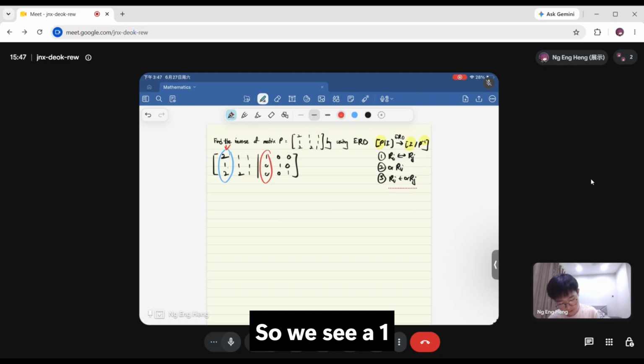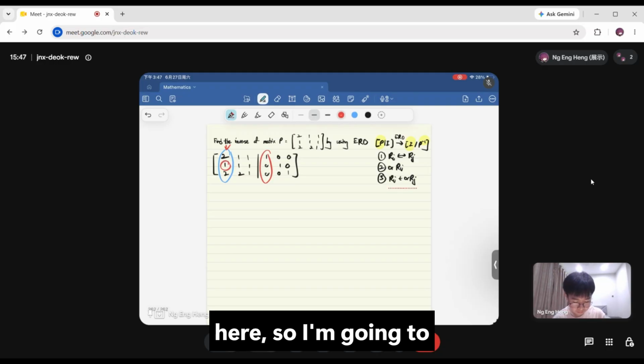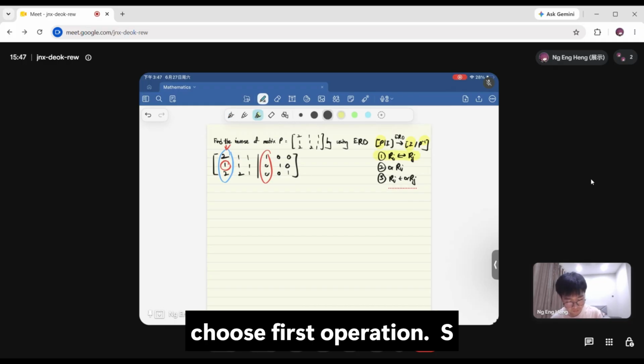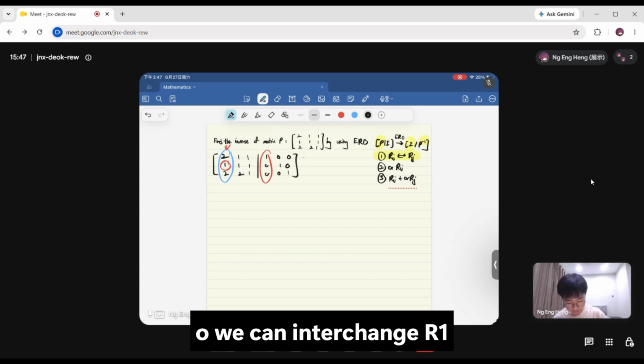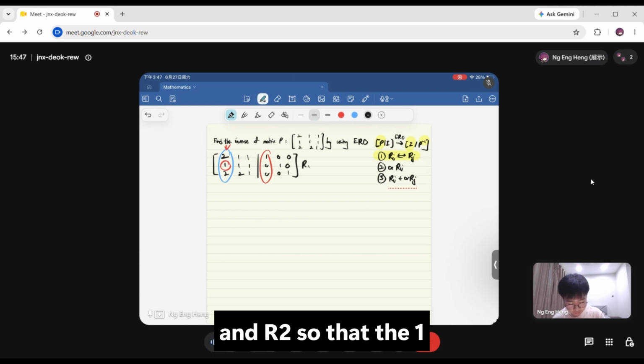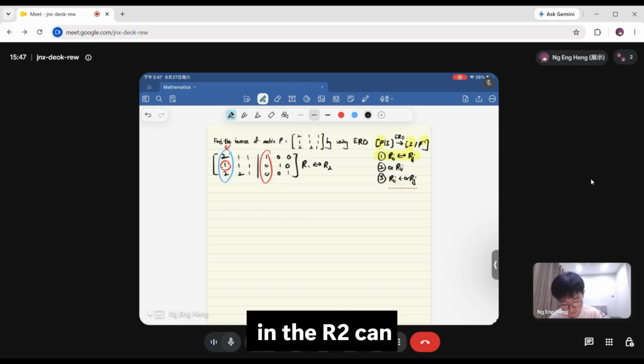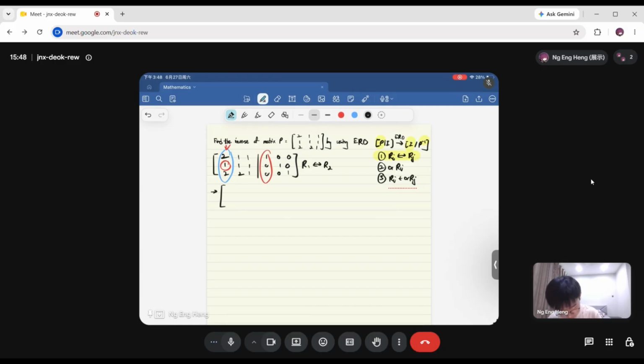So we see a 1 here, so I'm going to choose the first operation. We can interchange row 1 and row 2 so that the 1 in row 2 can go to row 1. So we write it down.